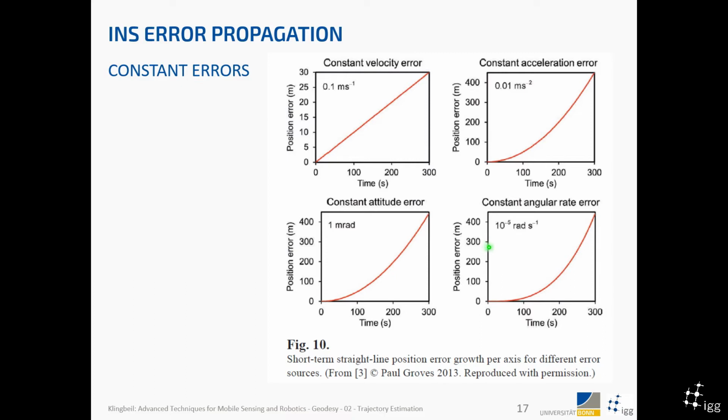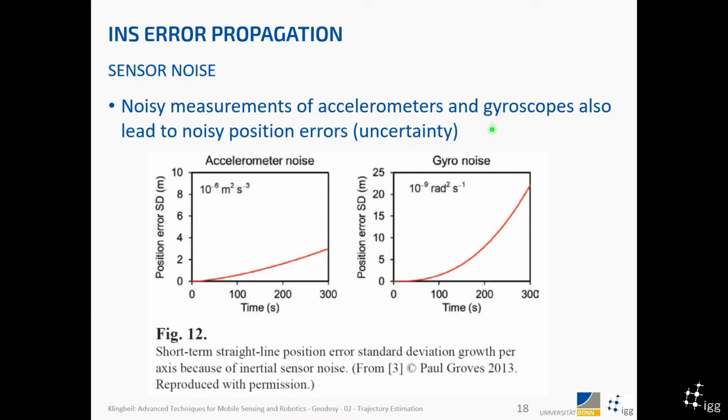Okay. Another thing is, what we saw before are systematic errors and how they influence the position. And the other thing, you can also look at what noise does, right?